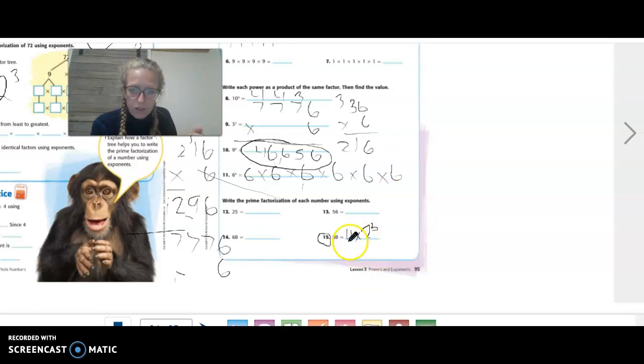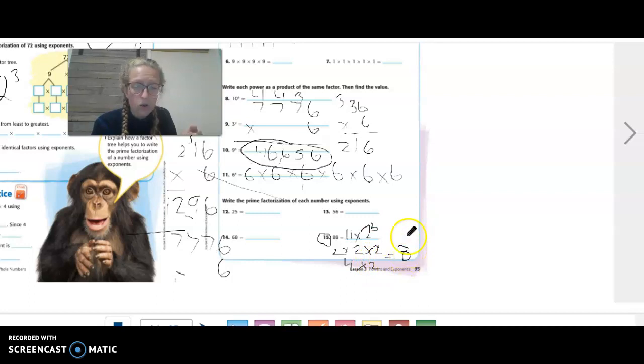Let's work it out. So 2 to the power of 3. That means I'm multiplying 2 3 times. 2 times 2. 2 times 2 is 4. Good. 4 times 2, which is this 2 right here, 4 times 2 equals 8.